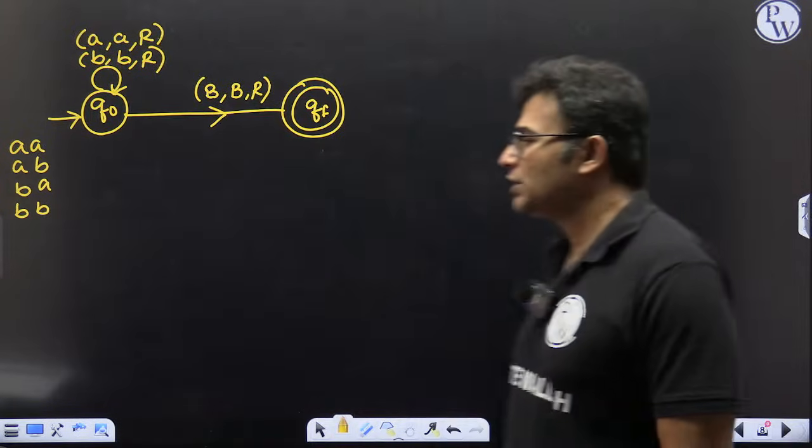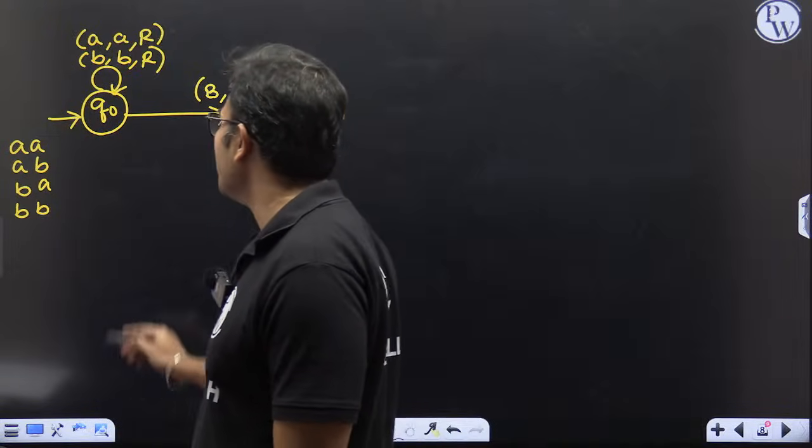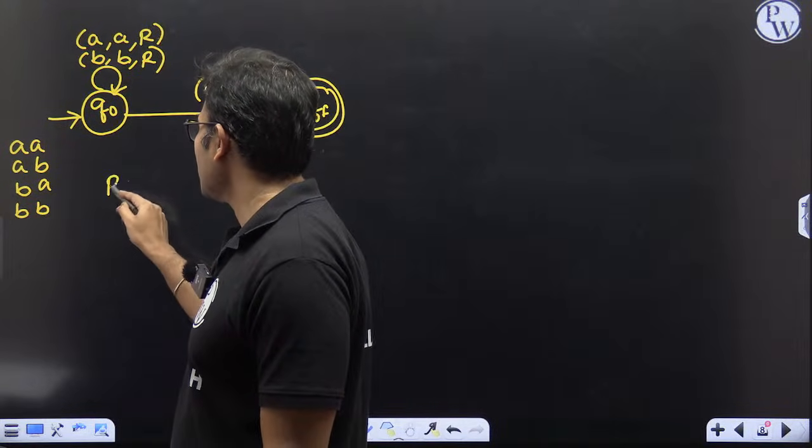So check for all these strings. Check for AA, AB, BA, BB. Right? Let us check for AA.